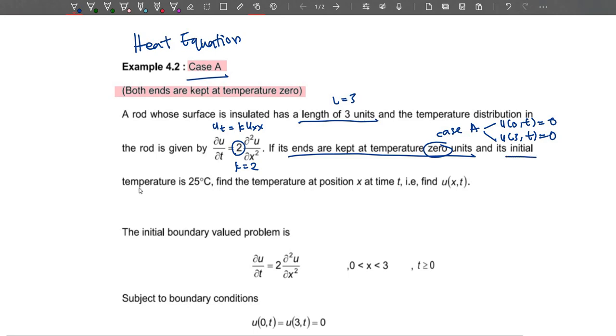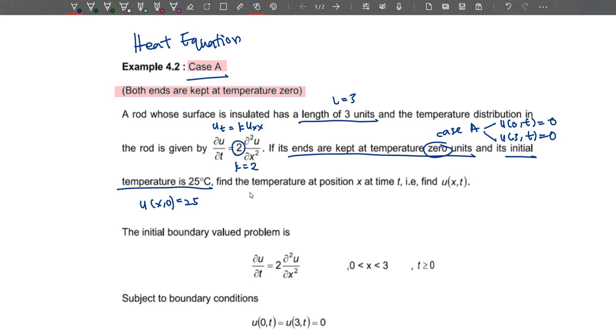Next, the initial temperature is 25 degrees C, meaning f(x) is equal to 25 degrees C. Rather than writing it as f(x), it's better to write it like this: u(x,0), which means the initial temperature, where t should be equal to 0. u(x,0) is equal to 25 degrees C, or you can leave it as 25 only, because we are going to omit the unit.